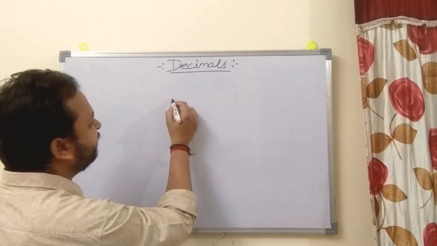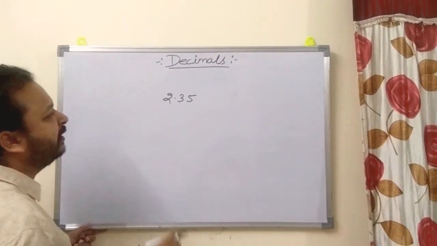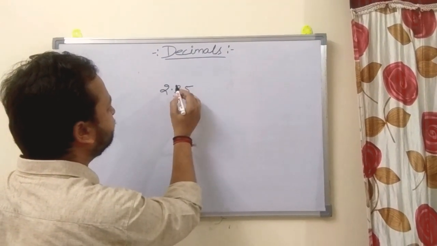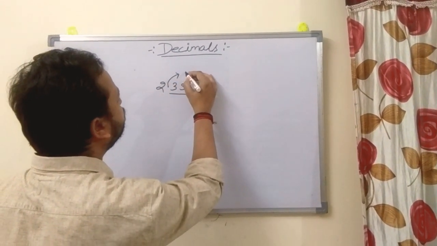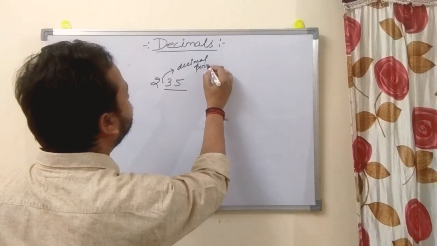Suppose a number is given as 2.35, right? This point is known as the decimal point.